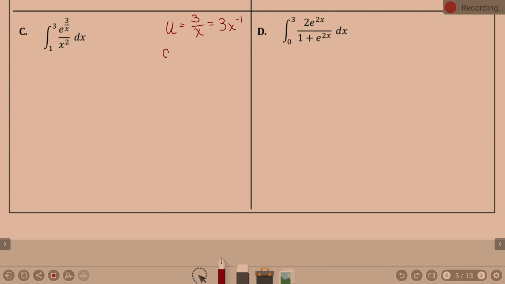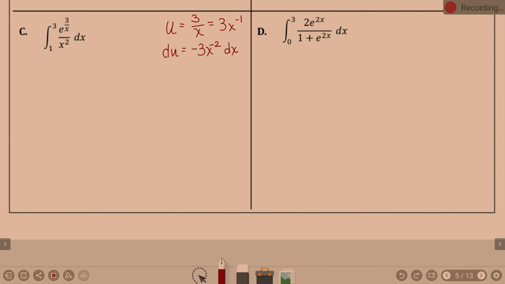Okay. du is negative 3 over x squared. Yes. So multiply by negative 1. Negative 1 times 3 is negative 3. Subtract 1: negative 1 minus 1 is negative 2. So I currently have it as negative 3 times x to the negative second.